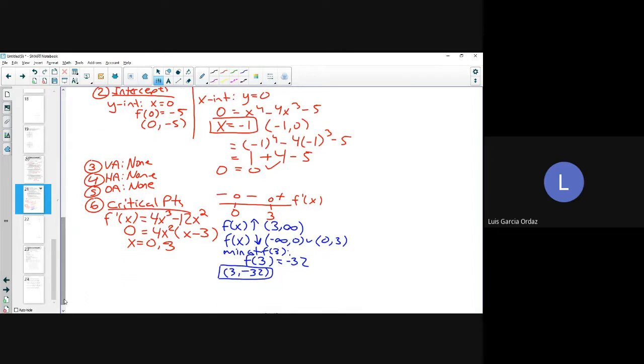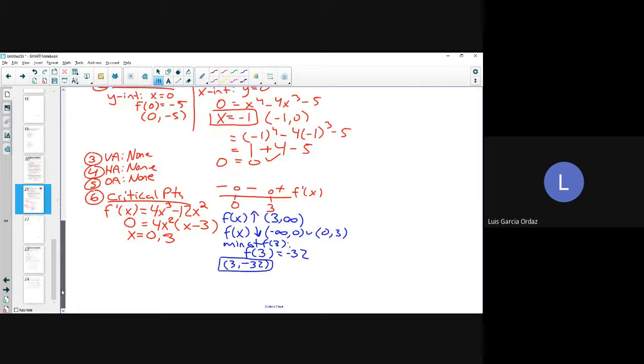And now what I have to do next is figure out my points of inflection, which means I need to take my double derivative. So my second derivative would be 12x squared minus 24x.